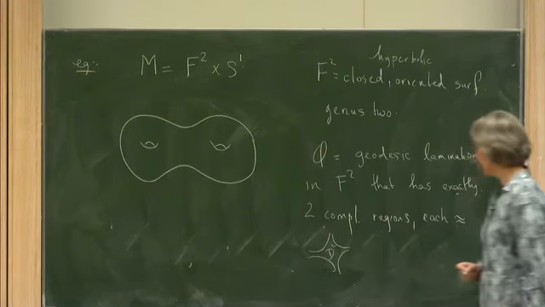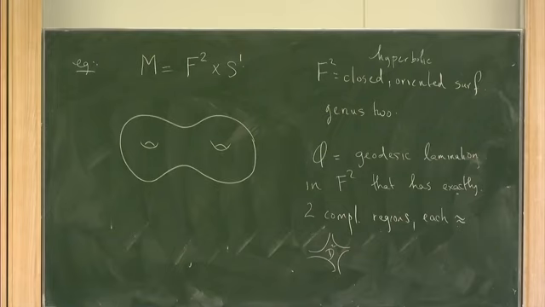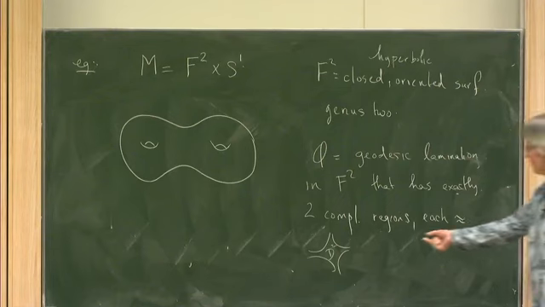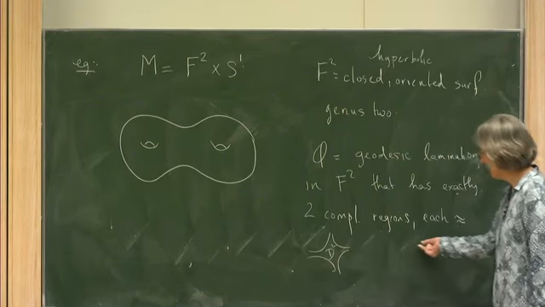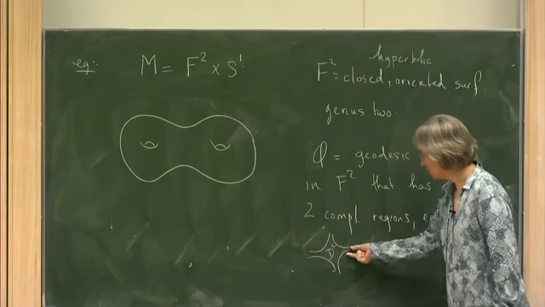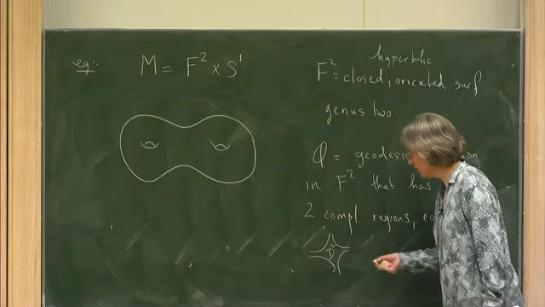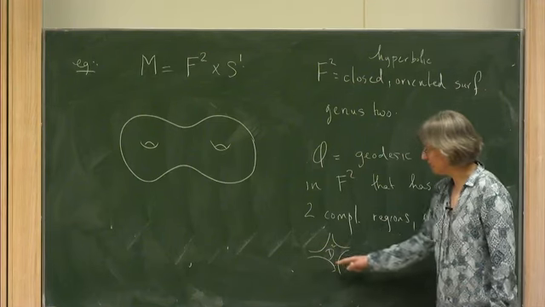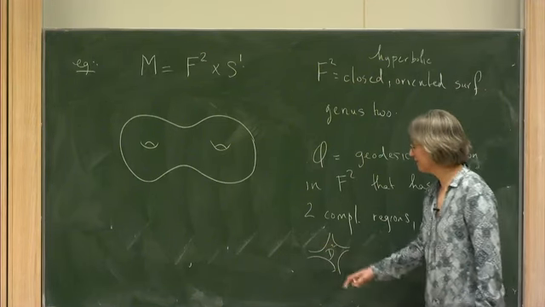So I can think about that as the way in which it's embedded in my surface. So as I go out to infinity, these two leaves are approaching each other exponentially quickly. Or I could think about this as a disk D2 missing boundary points.